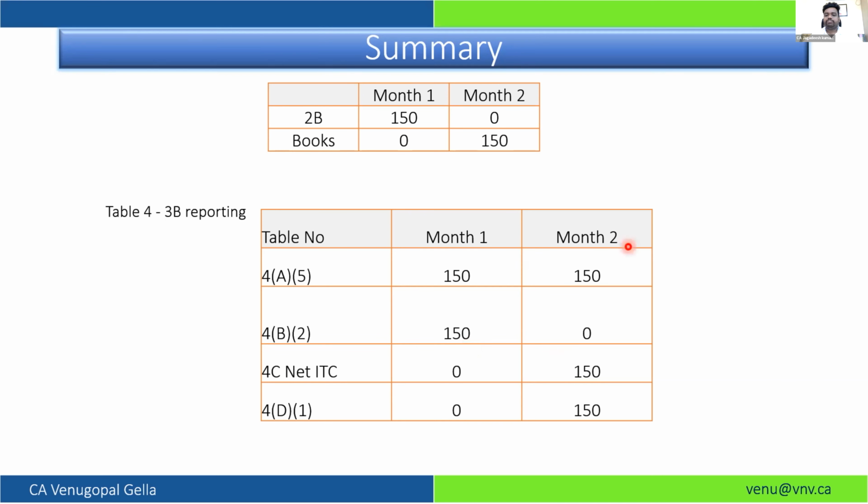In the subsequent month, I will add the figure I reversed in the previous period under 4B2 temporary reversal to the 4A5 of the current period, and I will declare that figure in table 4D1.